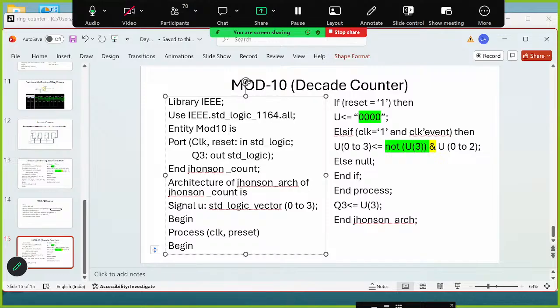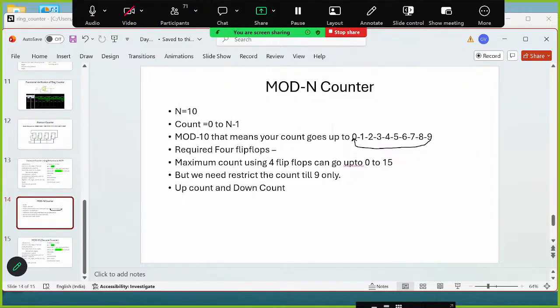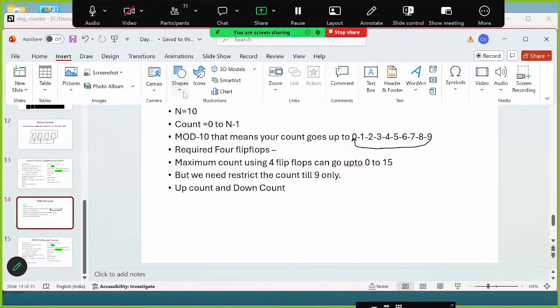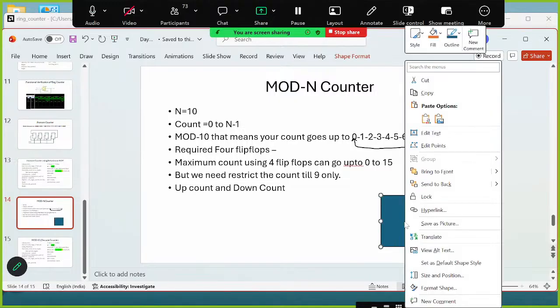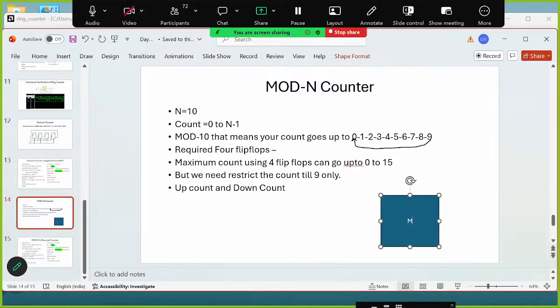I want only clock and reset in this counter, and I will be using a 4-bit output. I don't know the internal architecture, so I'm designing it simply. This is my mode 10 counter.